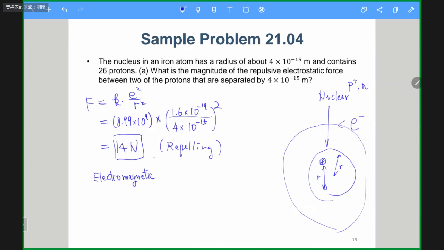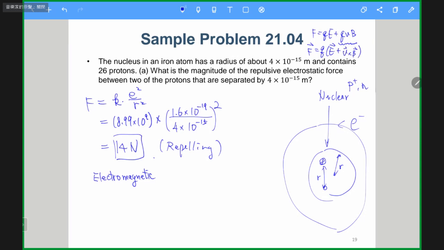One of them is the electromagnetic force. It includes F equals qE, and then plus qvB. Maybe in high school physics you already know this qvB, or if I write it in vector form, it should be qE plus v cross B.